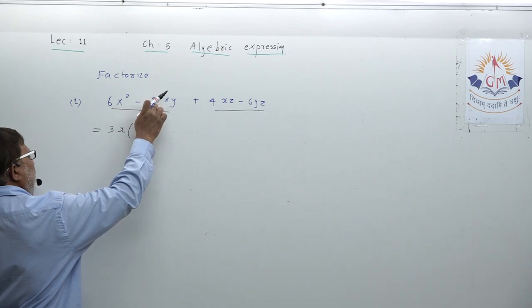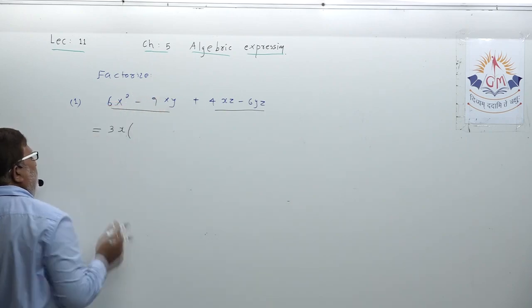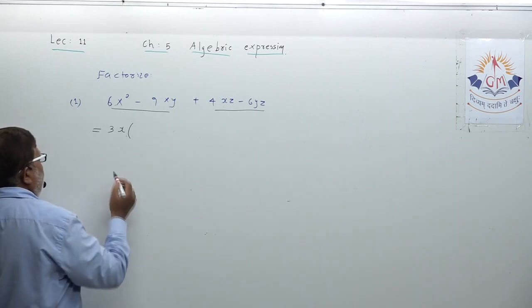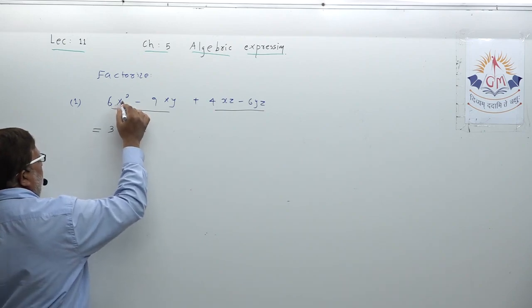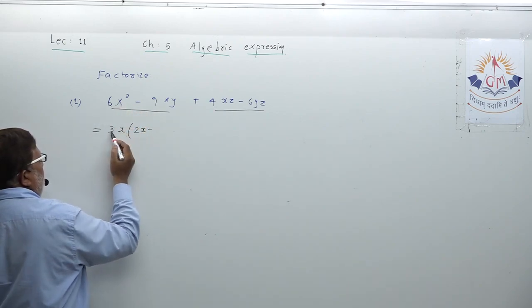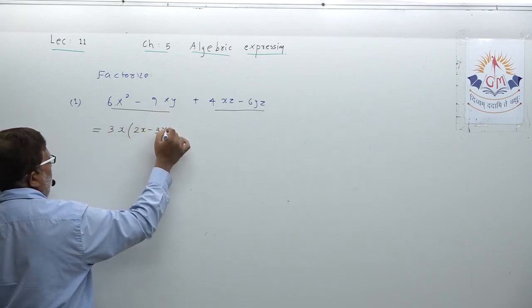X square and x, x is common. Now what will be in the bracket? 3, how many times? 6, 2 times, and x, because from x square, x is common. 3, how many times? 9, 3 times, x is common, so y.